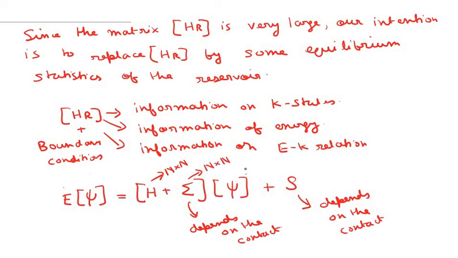Okay, this one is n cross 1, this one is also n cross 1. So we have basically reduced our computational burden.